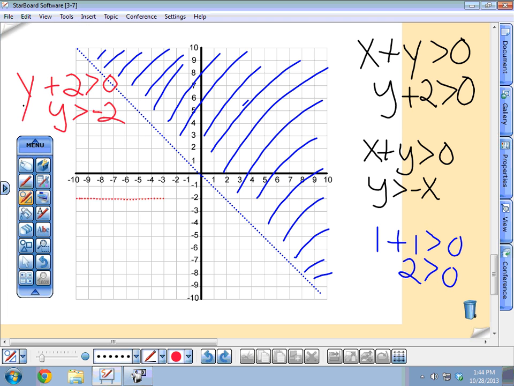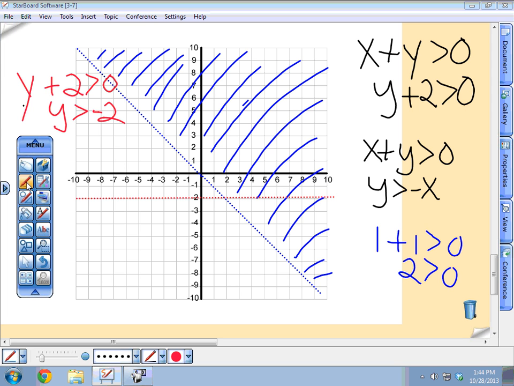This takes some getting used to. So it's going to look like that. And Michael Moody, is my open half plane above that line or below that line? Above. And if you notice your inequality, it's going to be a true statement when your y is greater than.